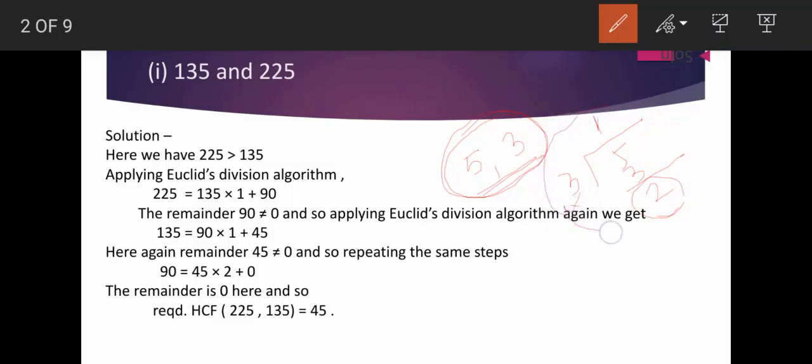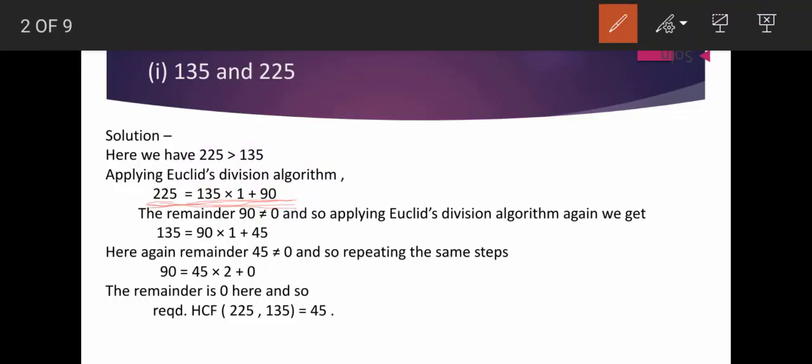When we apply the steps of the division algorithm, we get 5 is equal to 3 into 1 plus 2. So this is the division algorithm, and Euclid's division algorithm is just a restatement of the division algorithm which we have been learning since the lower classes. So we are going to follow those steps only.